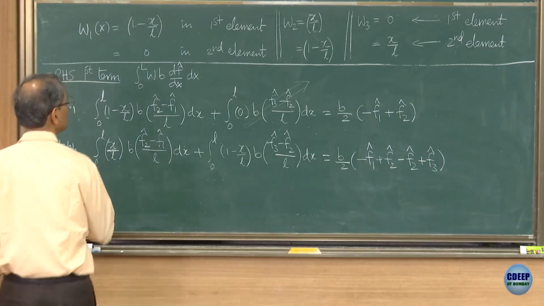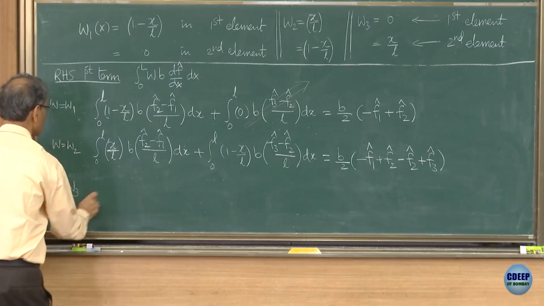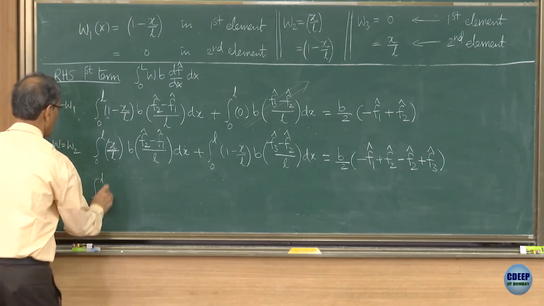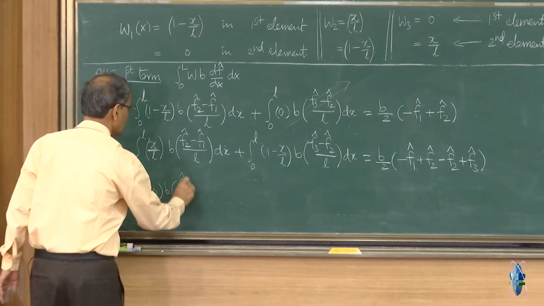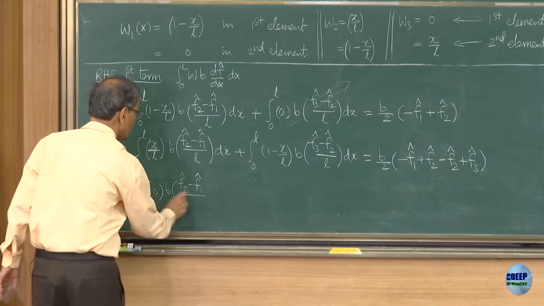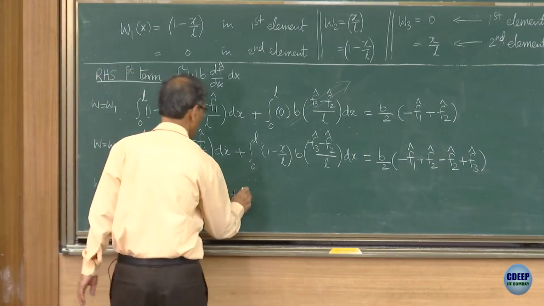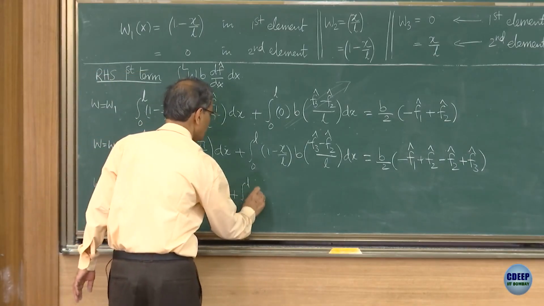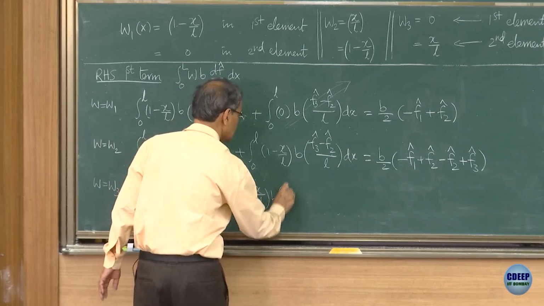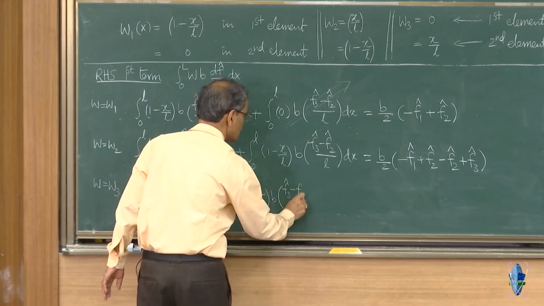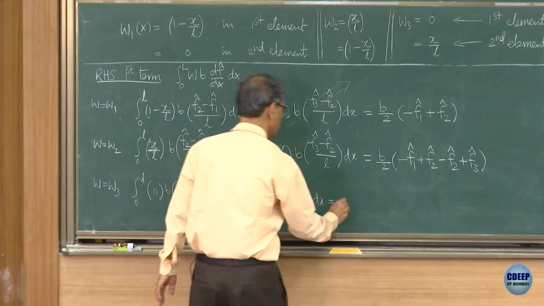With respect to W3, integral 0 to L, in the first element it is 0, B times (f2 hat minus f1 hat) by L dx, plus integral 0 to L x by L, B times, simply B by 2.